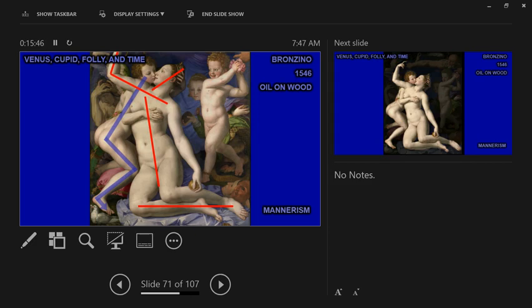And if we look at the angularness, instead of having these flowing bodies like the previous artist, this artist chose to do these very angular poses, and they are very uncomfortable. And look at how Cupid really sticks his butt out, and then the angles of the legs and the shoulders and the heads, like none of this looks comfortable at all.